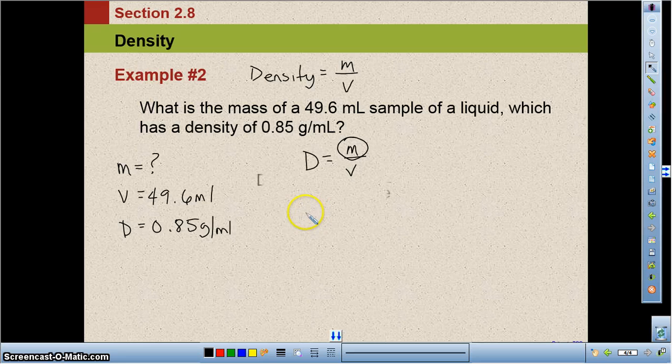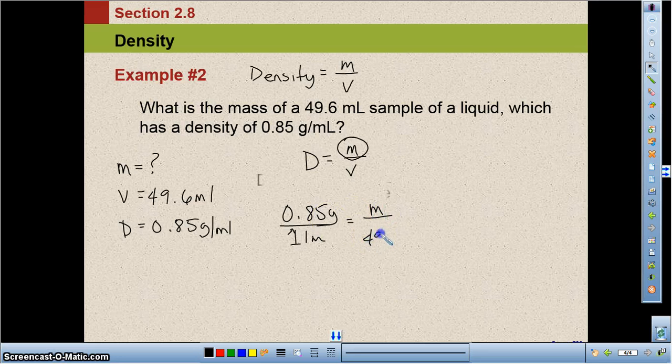You are already in Algebra 2 or have taken Algebra 2, so you are proficient at using formulas from Algebra 1. So this is just simple variable manipulation and the use of a formula. So I'm going to do this by plugging in the information that we do have. So let's start by plugging in density, which is 0.85 grams over 1 milliliter. We can write it like this to help us out here with the manipulation. Mass, I don't know.